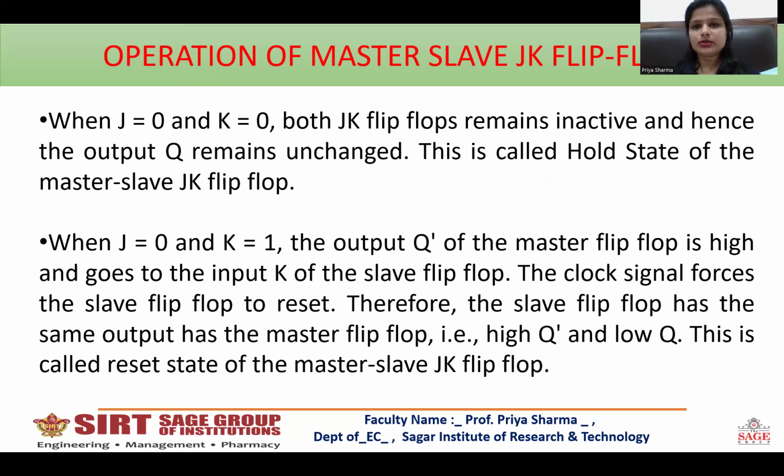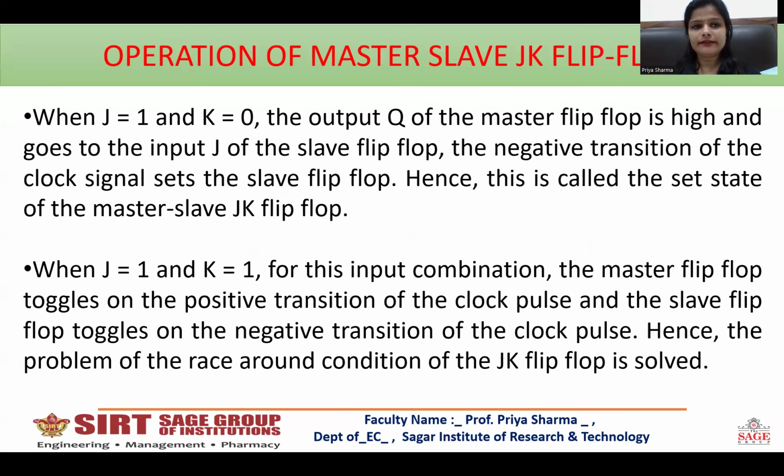When J input is low and K input is high, the output Q dash of the master flip-flop is high and goes to the input K of the slave flip-flop. The clock signal forces the slave flip-flop to reset. Therefore, the slave flip-flop has the same output as the master flip-flop, that is Q dash is high and Q will be low. This is called the reset state of the master-slave flip-flop.